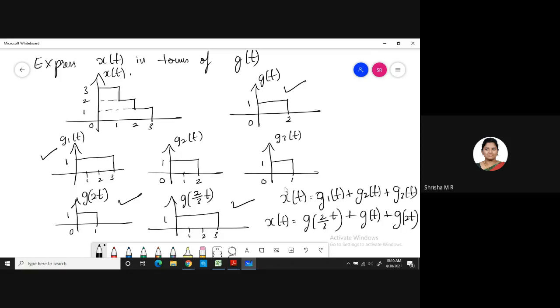Clear, everyone? So this is your g1 of t, and this is g2 of t, and this is g3 of t. Got it? So that is expressing x of t in terms of g of t. I had given you a simple problem only.